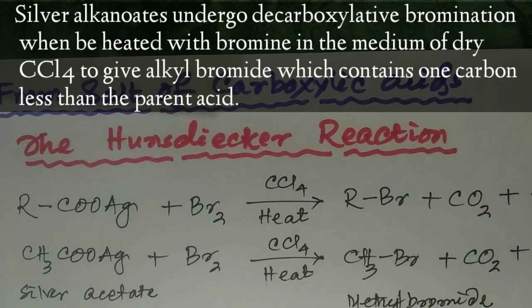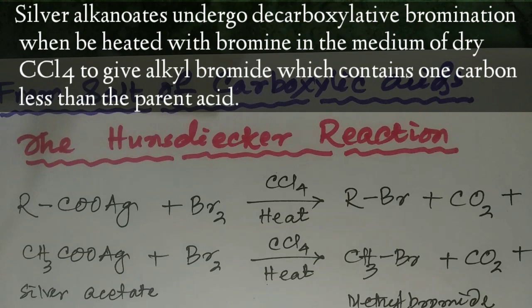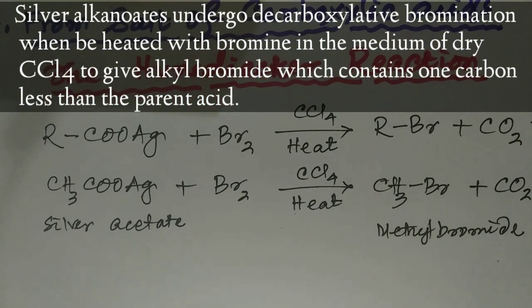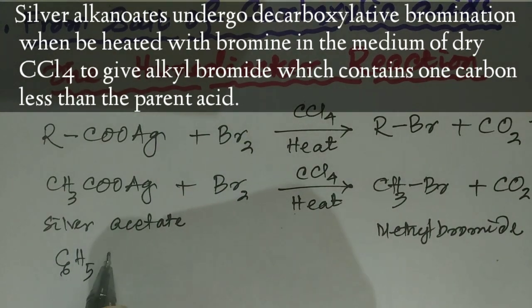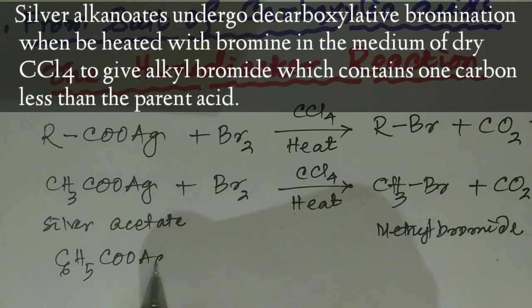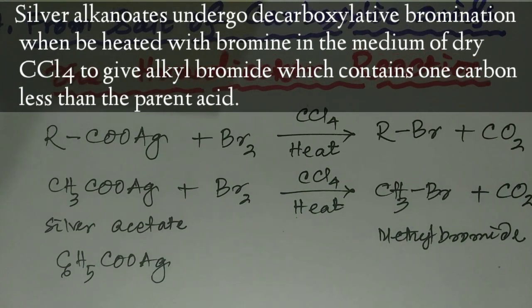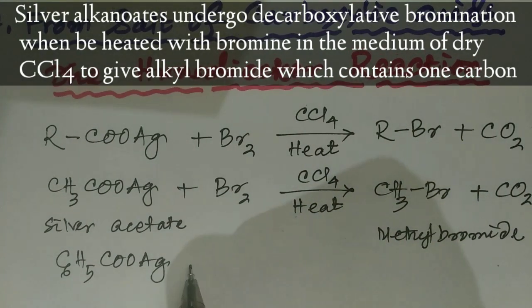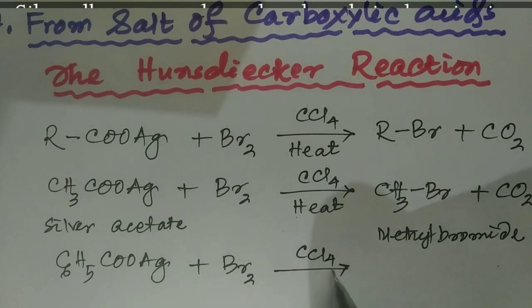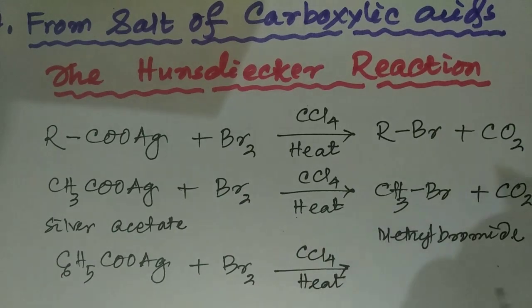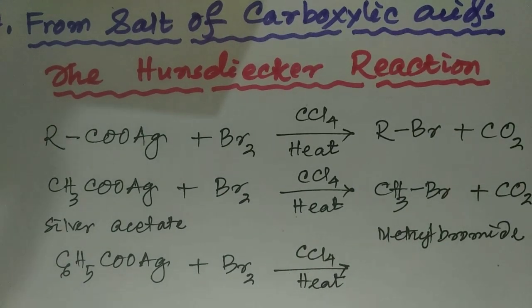So this reaction involves a step-down process where the number of carbons is reduced. Whenever we need to reduce the number of carbons in any reaction, we can think about this reaction. Similarly, C6H5COOAg, this is silver benzoate. When it is heated with bromine in the medium of carbon tetrachloride and the reaction mixture is refluxed, tell me what would be our product?